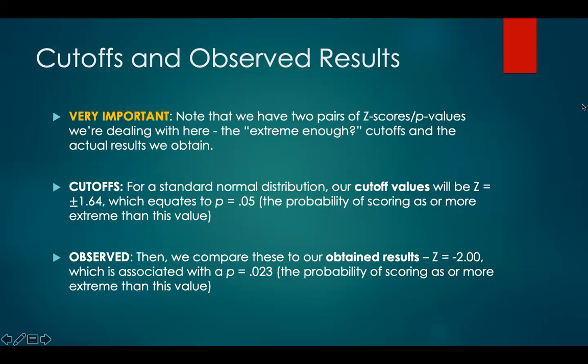Here are a few things that are important to remember. If we have two pairs of z-scores and p-values, like we do here, the extreme enough cutoffs and the actual results we obtain are important. So for a standard normal distribution, our cutoff levels will be z equals plus and minus 1.64, which equates to a p equals 0.05, or the probability of scoring as or more extreme than this.